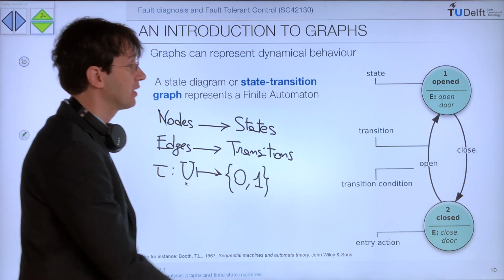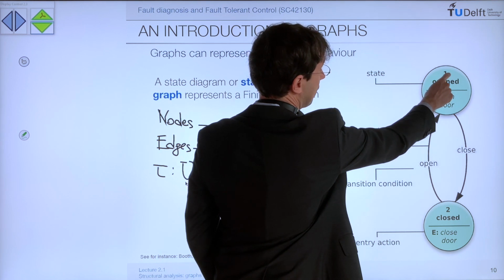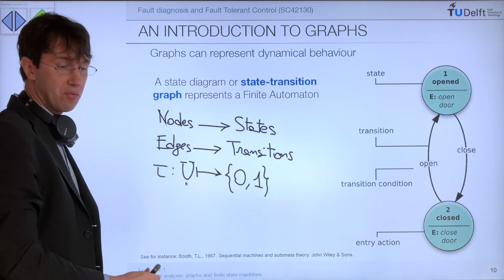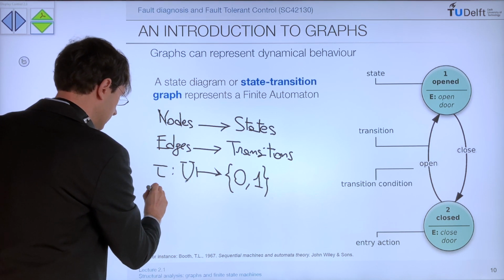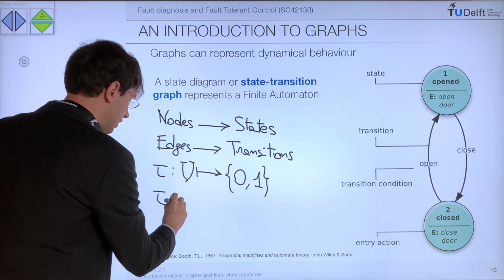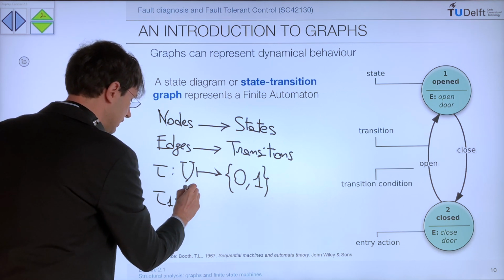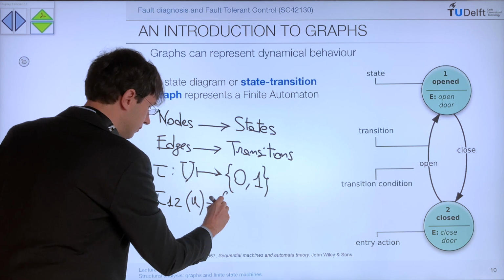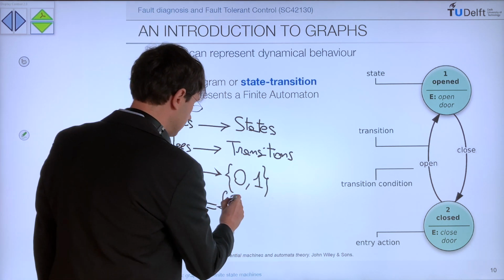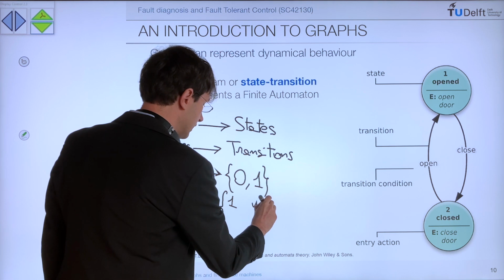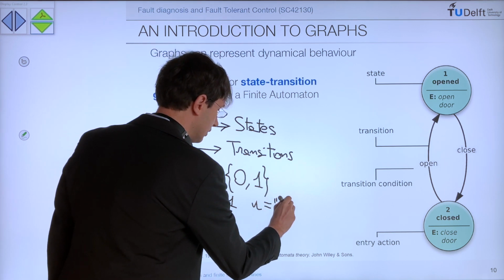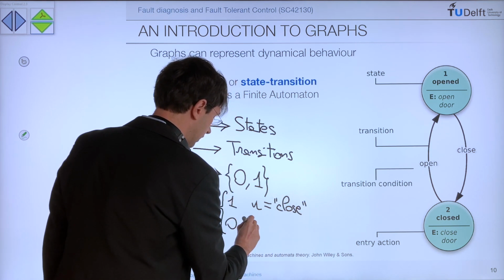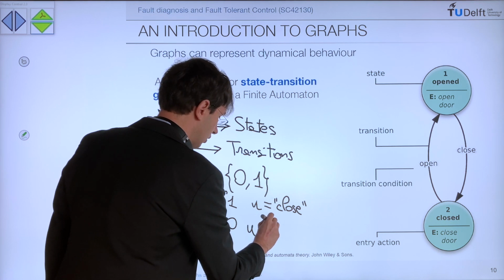So for instance, in the case of this example, we have the nodes 1 and 2. 1 is the door is open. So the transition from 1 to 2 is going to be a function defined in this way. We denote it with tau 1,2 as a function of some input u, which is equal to 1 if u is equal to close, and 0 if u is equal to open.